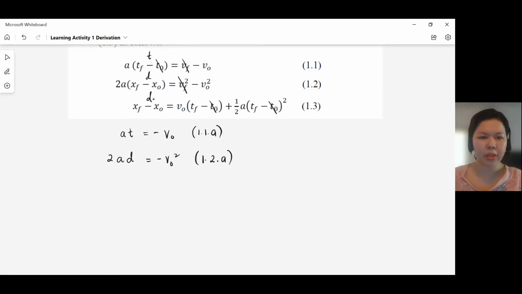And equation 1.3, this xf minus x naught is D. D equals V naught T, because Tf minus T naught is T, plus 1/2 A T squared.